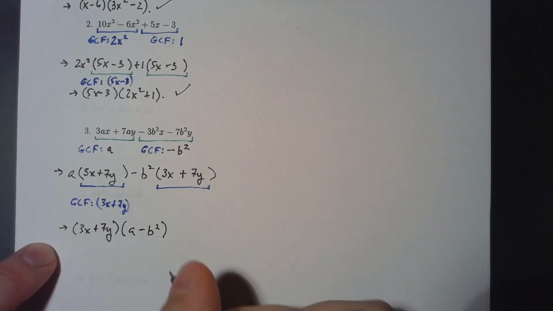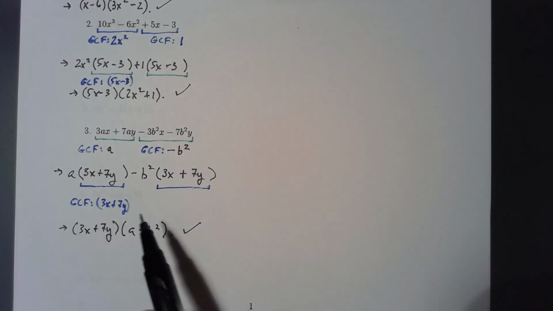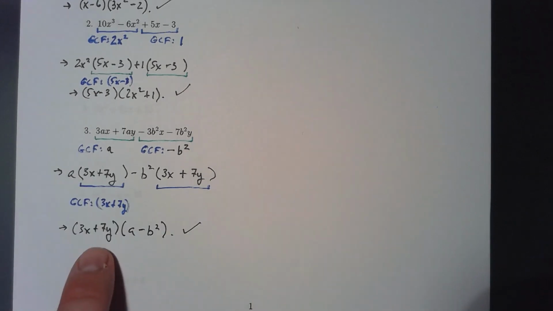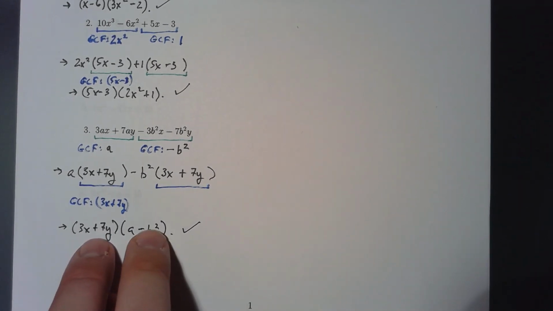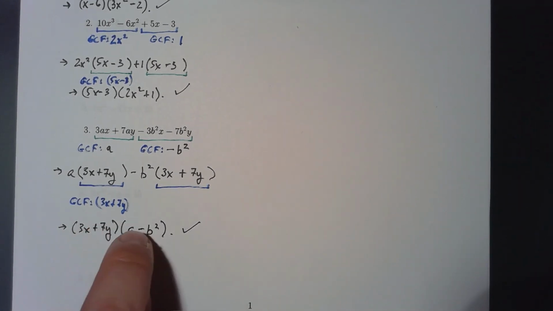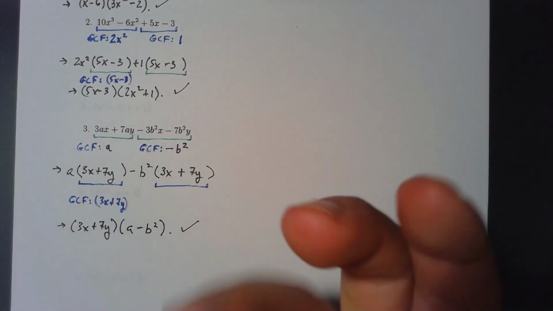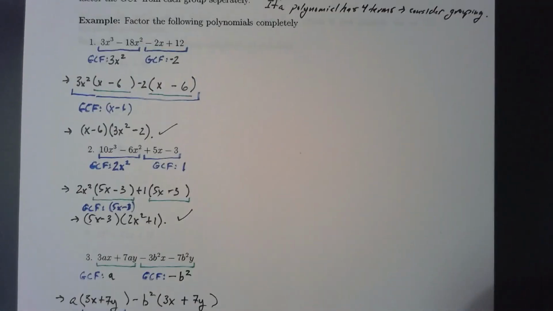If you FOIL this out, like we learned when we multiplied binomials, a binomial times a binomial, you use FOIL, right? So if you multiply this out and then combine like terms, you should get back what you started with. But as you already know, factoring is just the opposite direction. So yeah, that's factored by grouping.